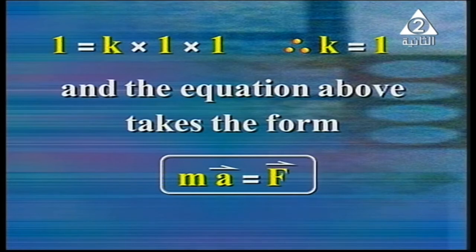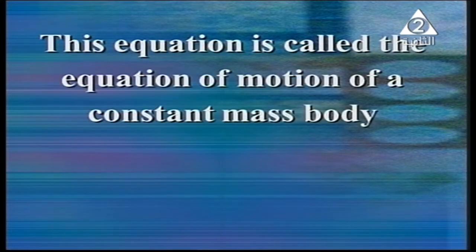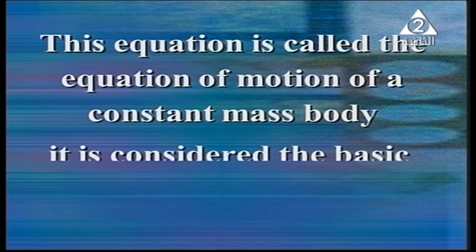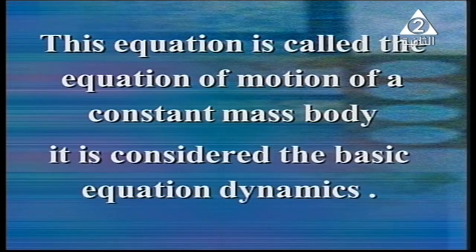In this equation, m is mass and a is acceleration; the product m times a is the force which acts on the body of mass m. This equation is called the equation of motion of a constant mass body. This is considered the basic equation of dynamics.